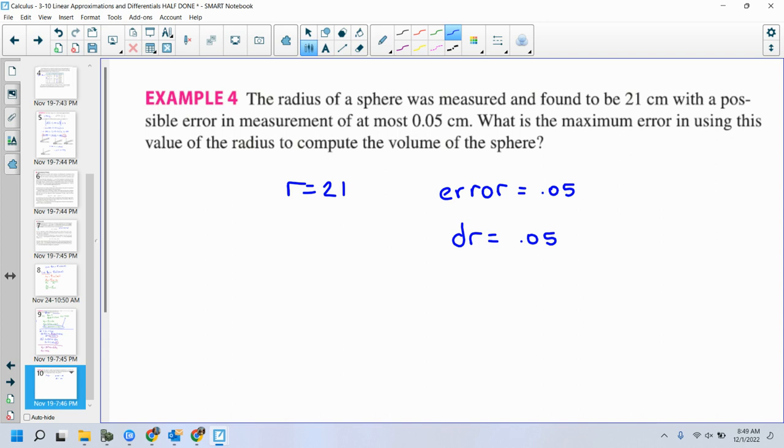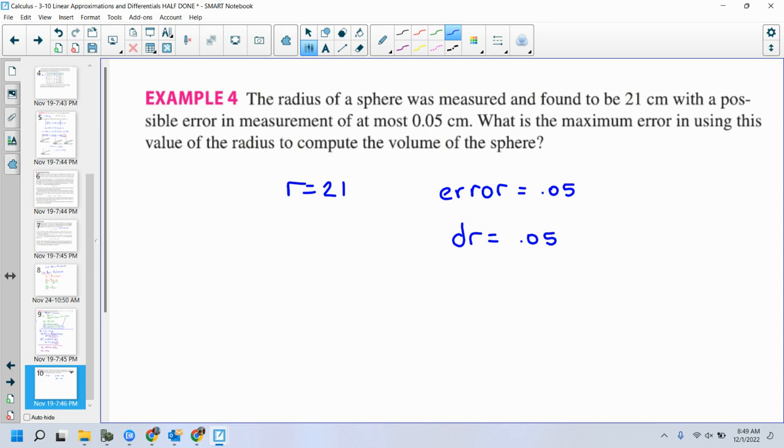What is the maximum error in using this value of the radius to compute the volume of the sphere? So if I have a possibility of screwing up my radius by 0.05 centimeters, how much would that possibly change my volume?